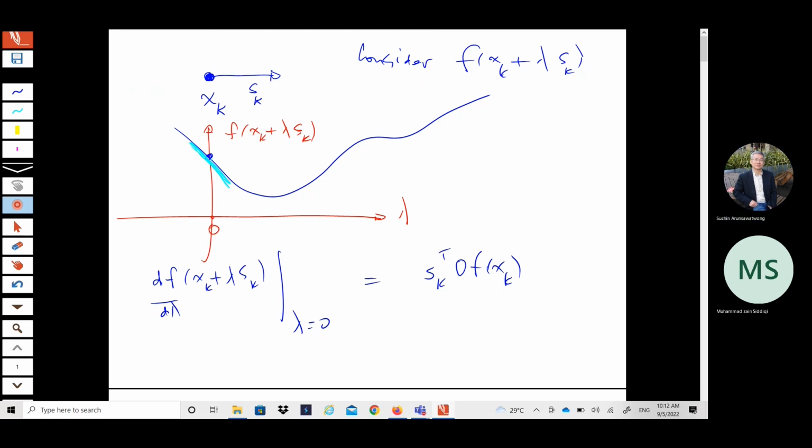Because the sign of the derivative cannot change immediately. At this point it is negative, and before it changes to positive, there has to be at least one lambda for which the slope is 0. This is what I call lambda star.